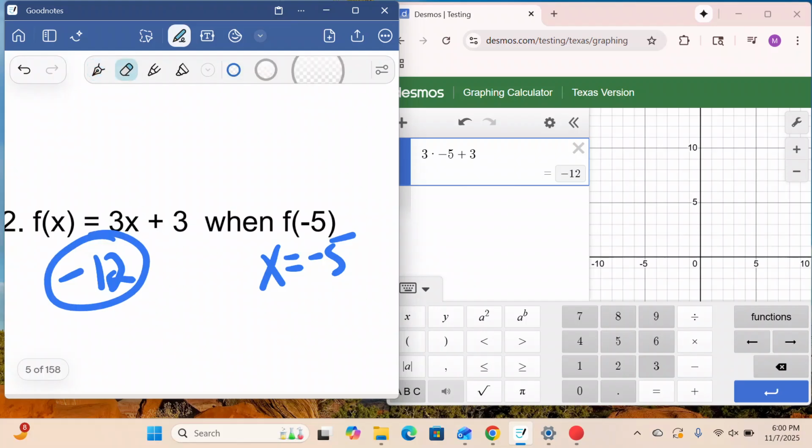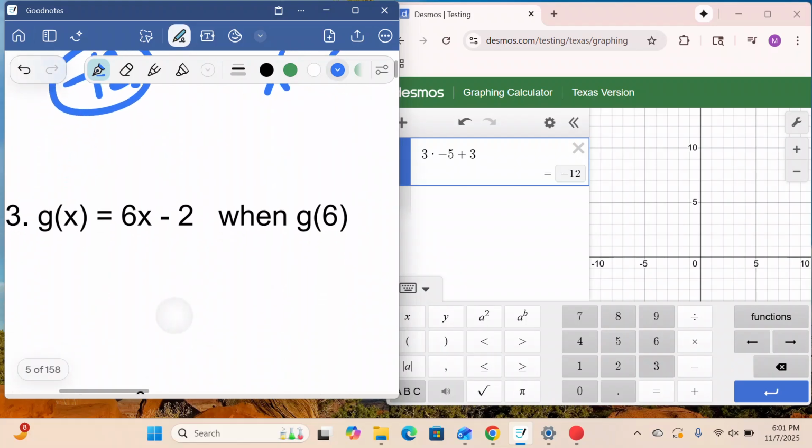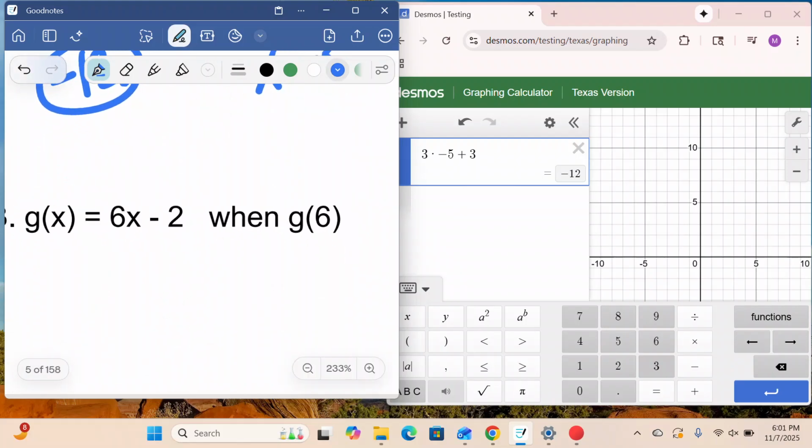Let me just rewrite it very nicely. If we go on to another problem, we have g of x is equal to 6x minus 2, where our g is 6. The only work that we do is understand that x is equal to 6, because we have the function there. We have the x there, so g of x is g of 6, so we want to evaluate it.